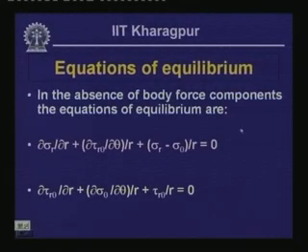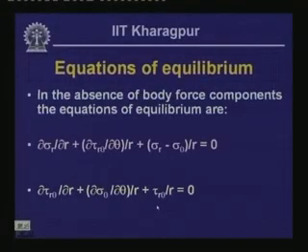Now, these are the equations of equilibrium, and of course, please note that in this particular case we have not accounted for the components of the body forces, both in the radial and circumferential directions. We have neglected the body forces.